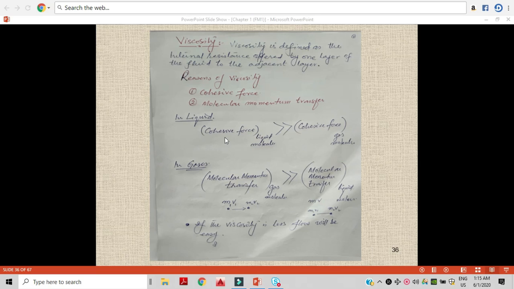Here in the picture I am showing that the cohesive forces in liquid molecules are much greater than cohesive forces in gases, because in the liquid the molecules are very close to each other and have a good bonding, but in gases the molecules are far from each other and the attraction between two gas molecules is almost negligible.